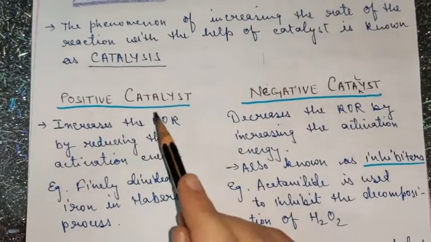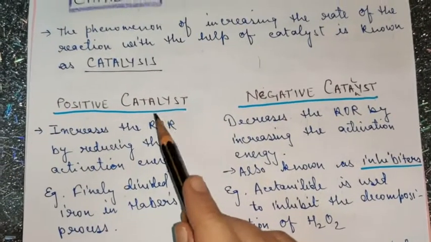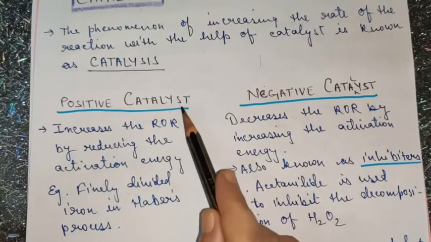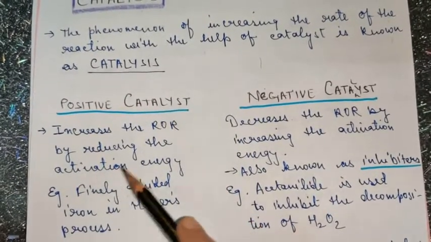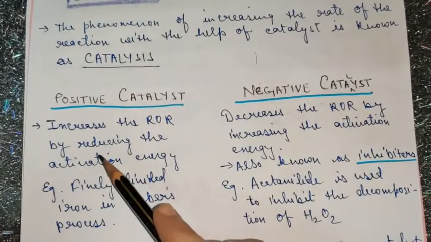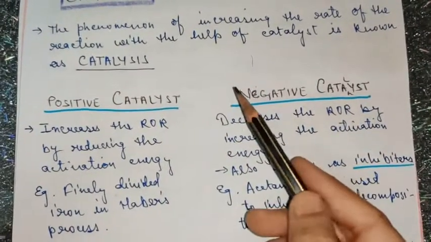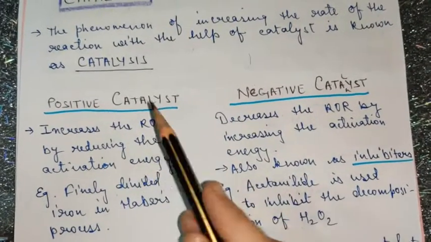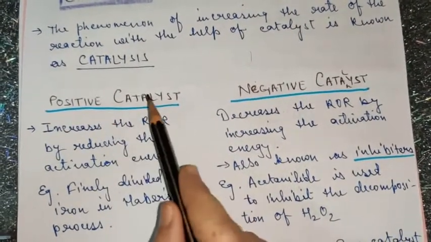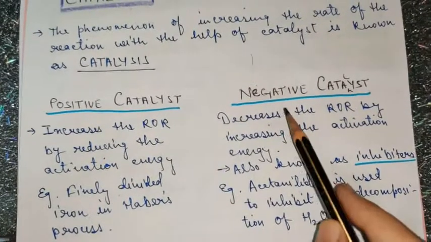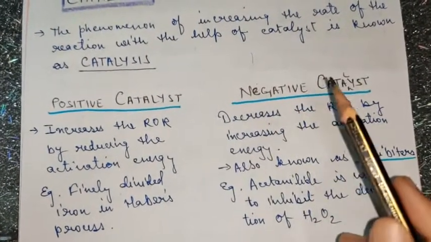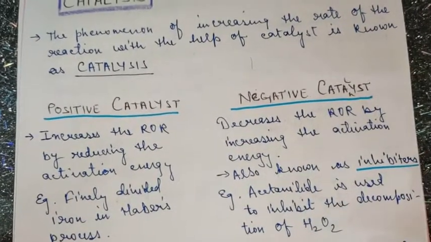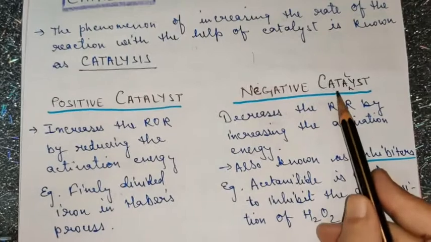If you remember, I told you in chapter chemical kinetics that the functioning of a catalyst is based on providing an alternate pathway to the reactants to get converted into product, and that alternate pathway requires less energy. Then we are talking about positive catalyst. But in case it is increasing, that alternate pathway is requiring more amount of energy to get converted into the product, then it is known as negative catalyst.